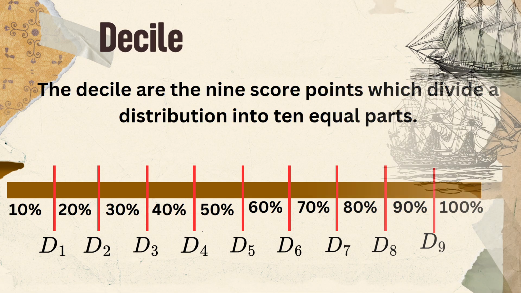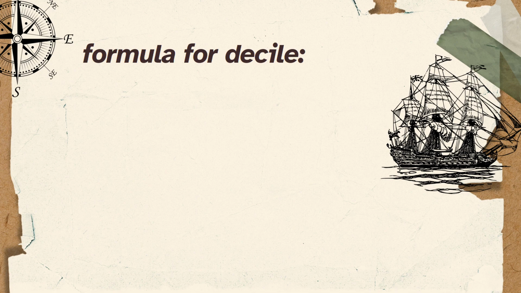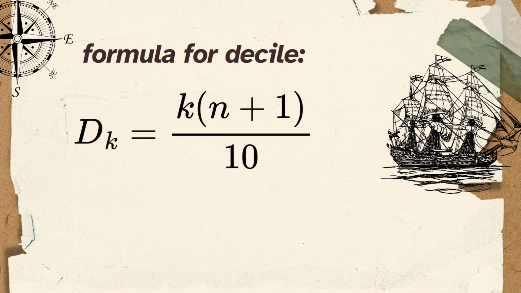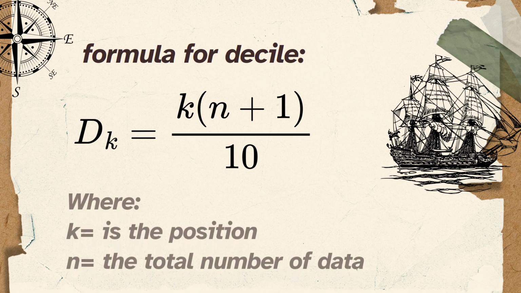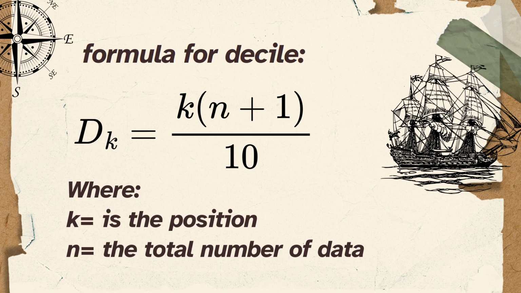Now, let us proceed to our formula for decile. So in solving decile, we have the formula D sub k is equal to k multiplied by the quantity of n plus 1 over 10, wherein k is the position. The range of our position is from 1 to 9.